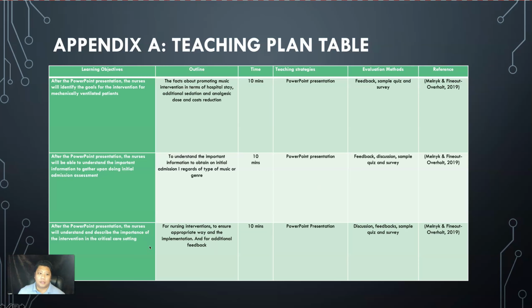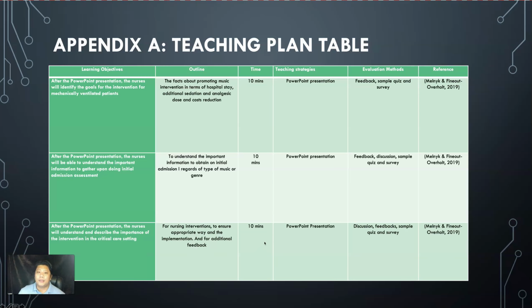The last learning objective was for the nurses to understand and describe the importance of the interventions, especially in the critical setting. The outline was to ensure the appropriate way of implementation and to gather additional feedback.